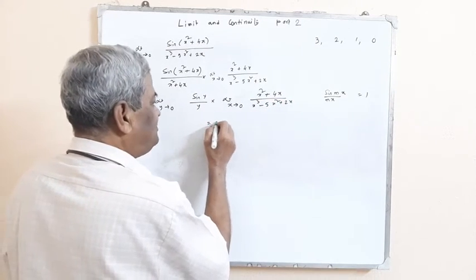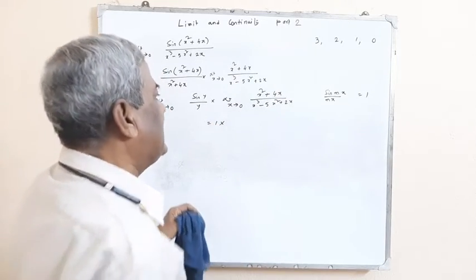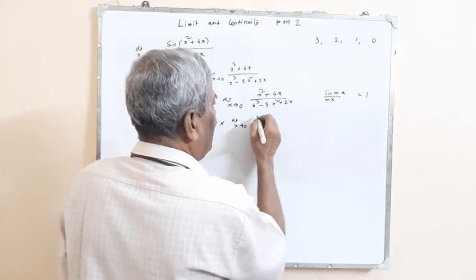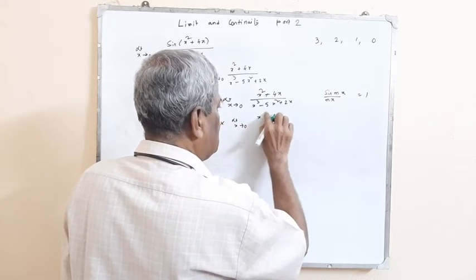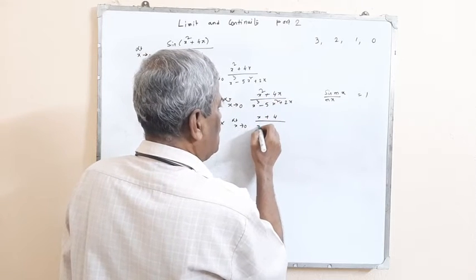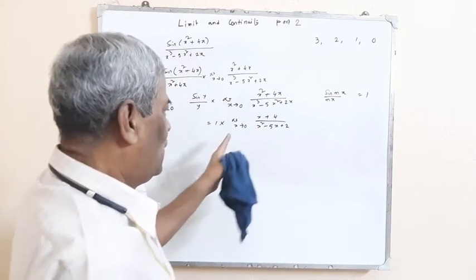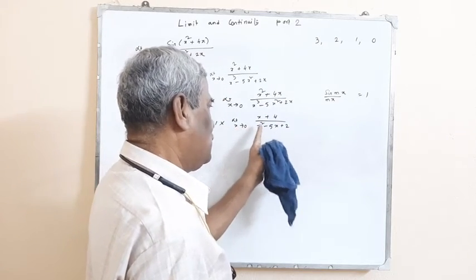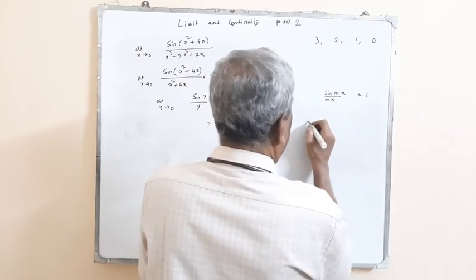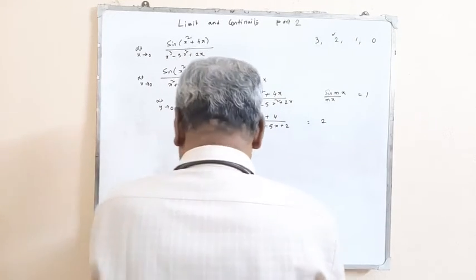This is 1 into. From numerator and denominator, one x can be cancelled: limit x tends to 0 of x plus 4 by x square minus 5x plus 2. Now, putting x equal to 0, this is plus 4, this is plus 2, so 4 by 2 is 2. So this option is correct.